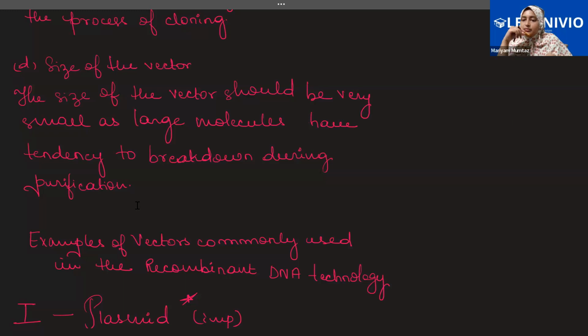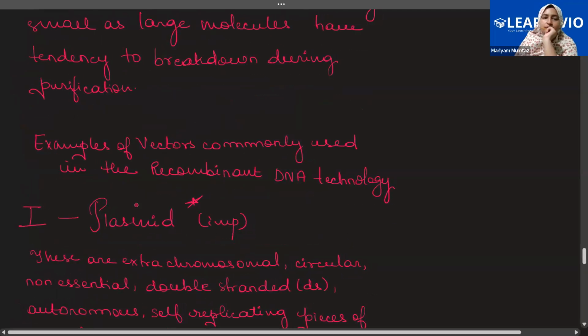Microorganisms, prokaryotes, right? Bacteria. So the size of the vector should be tiny because we have to incorporate it in the bacteria. The size of the vector should be very small as large molecules tend to break down during purification. So small size is favorable. There is one more thing I forgot to mention here.